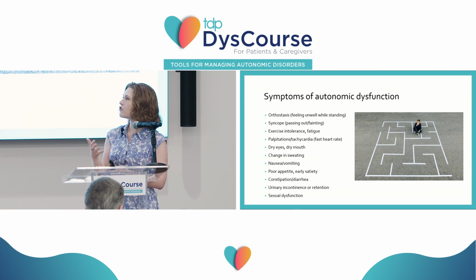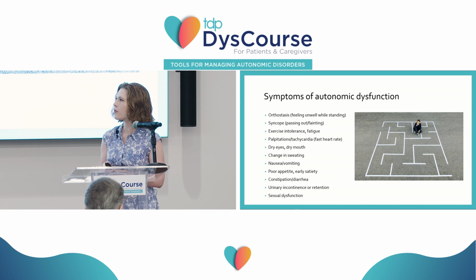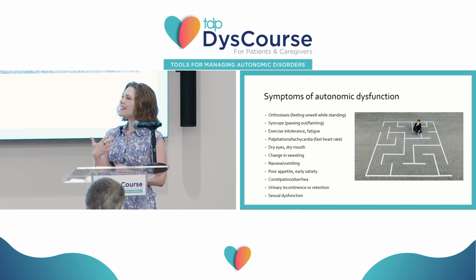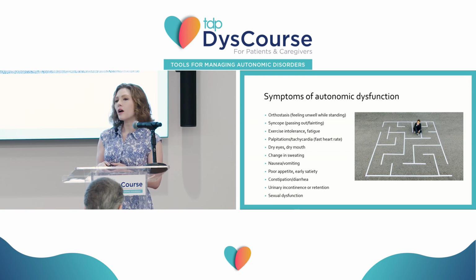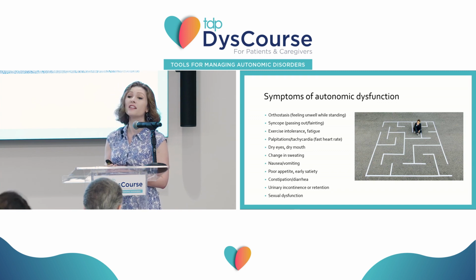Syncope, which is the medical term for passing out or fainting, again, because of lack of blood flow to the brain. Exercise intolerance or fatigue, palpitations or tachycardia, the medical word for a fast heart rate, dry eyes, dry mouth, changes in sweating, a variety of different symptoms in the digestive tract, bladder problems, and sexual dysfunction. So pretty much any organ system in the body can be affected if the autonomic nervous system is not working properly.